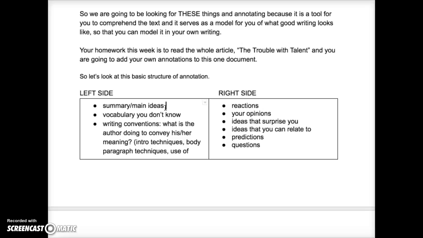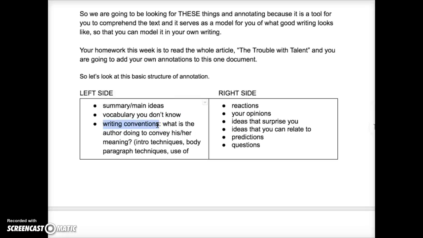So it's good to be able to summarize the whole paragraph in one sentence, but you should also be including other maybe sub main ideas, right? So you should have a couple of major ideas going on for each paragraph, vocabulary that you don't know as well, and then, as I mentioned before, the writing conventions.